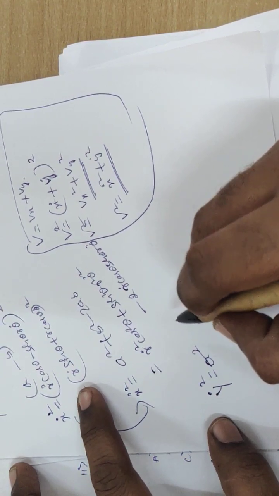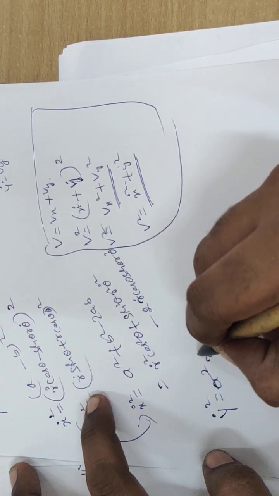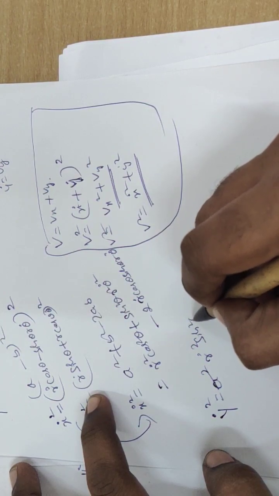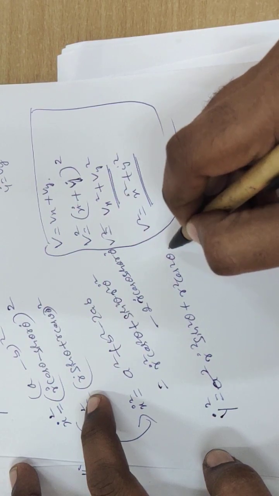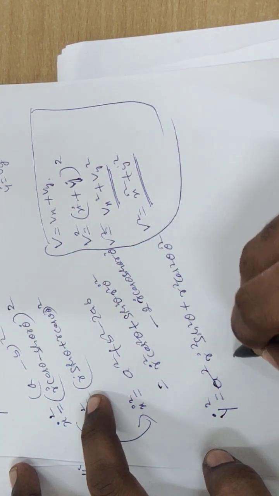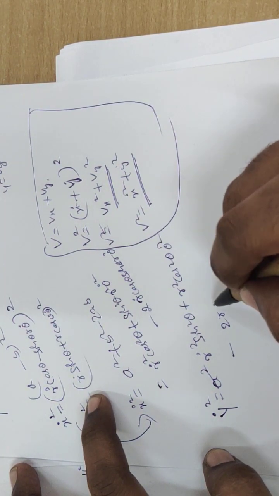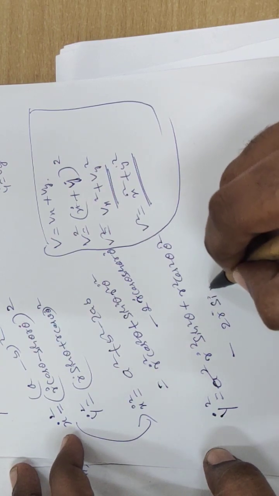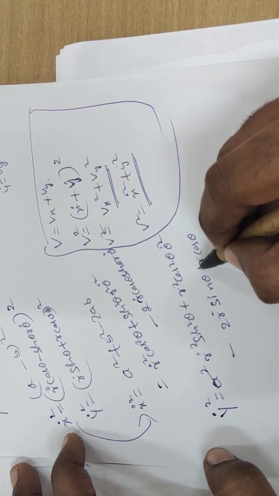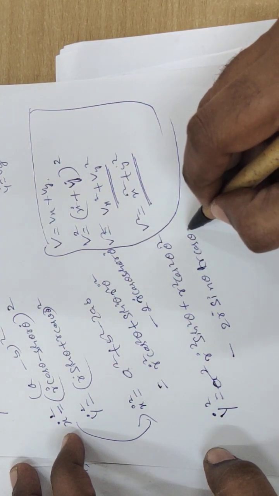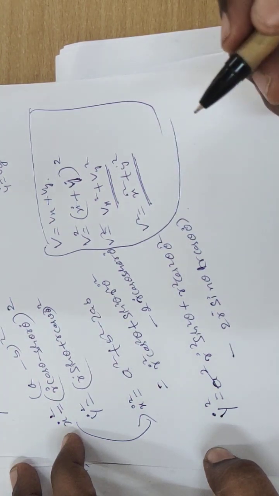Y dot square is r dot square sin square theta plus r square cos square theta into theta dot square, plus 2 r dot sin theta r cos theta theta dot.